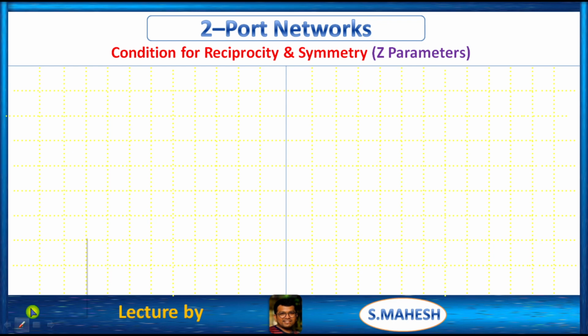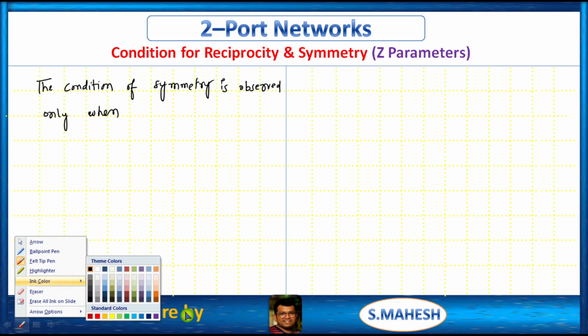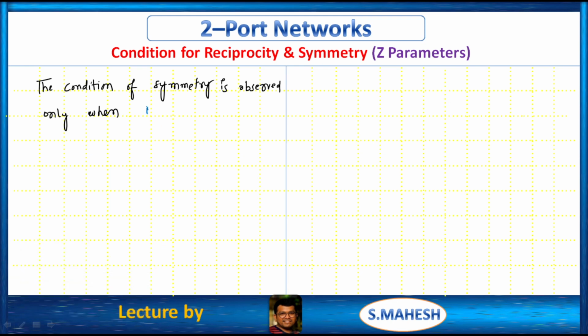Next we can write that the condition of symmetry is observed only when V by I1 should be equal to V by I2.